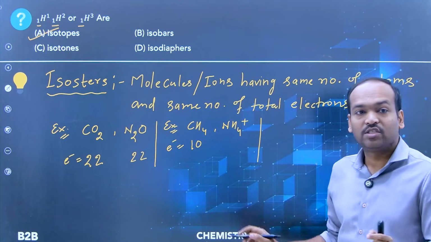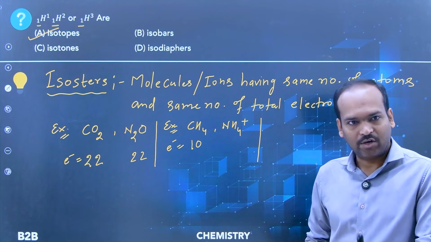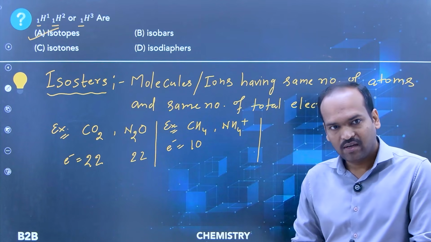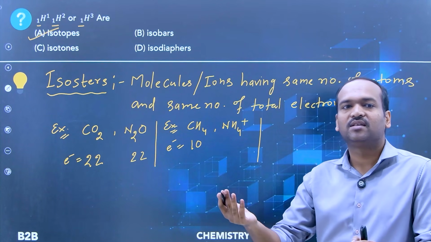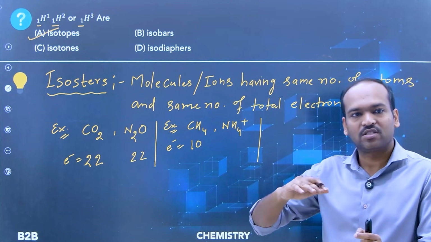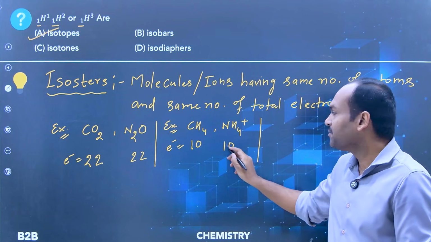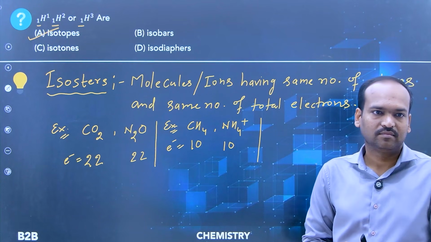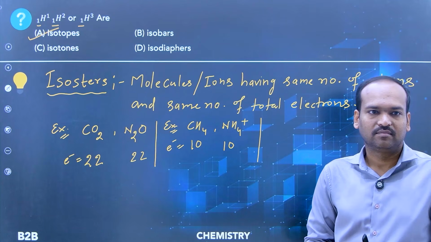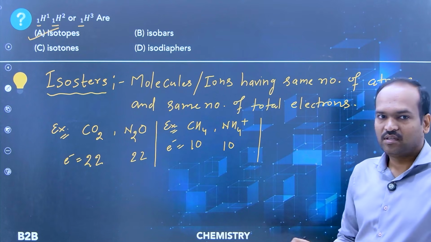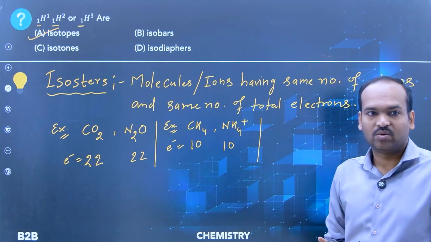In NH4 plus, nitrogen atomic number is 7, 7 plus 4 is 11, but plus 1 charge means it loses 1, so 11 minus 1, total electrons 10 here.